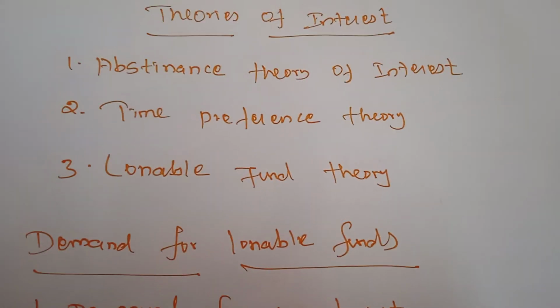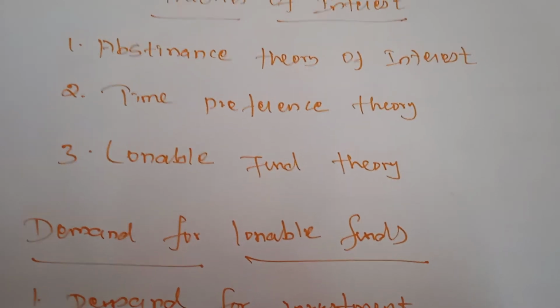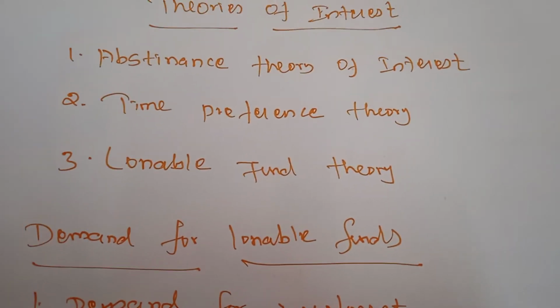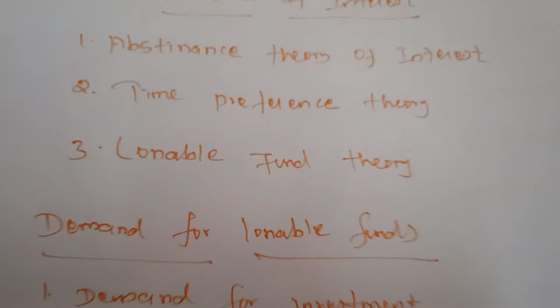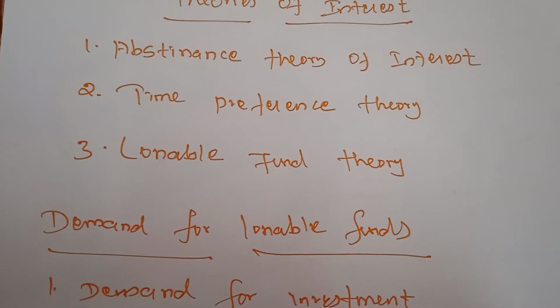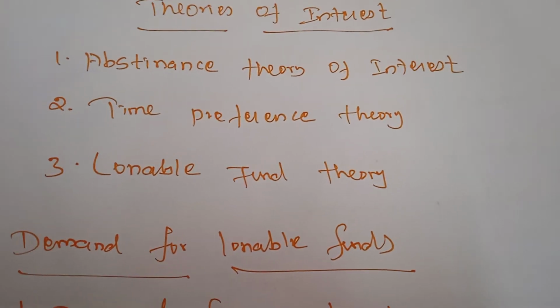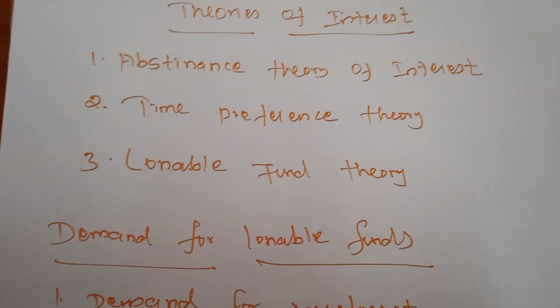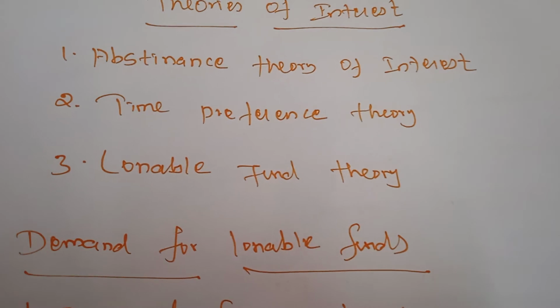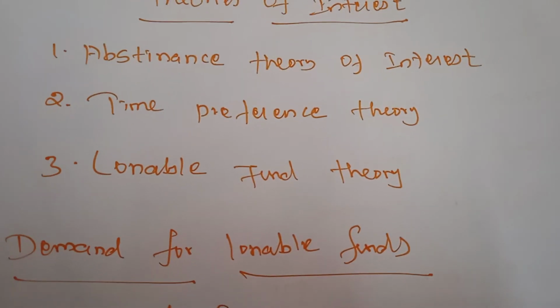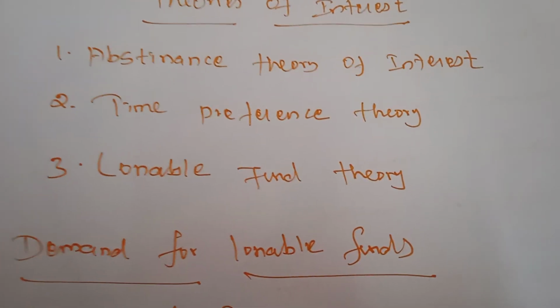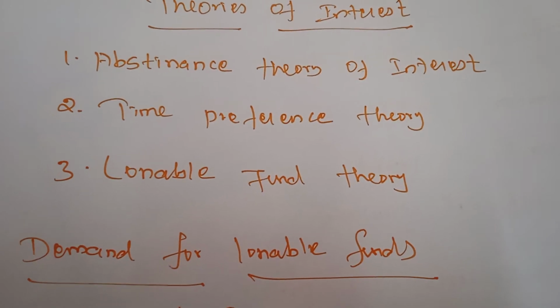Next, the time preference theory. According to this theory, people prefer present goods rather than future goods. Because present goods are more certain than future goods, no one will wait for future goods. Normally all people have the interest to consume the present commodity only.